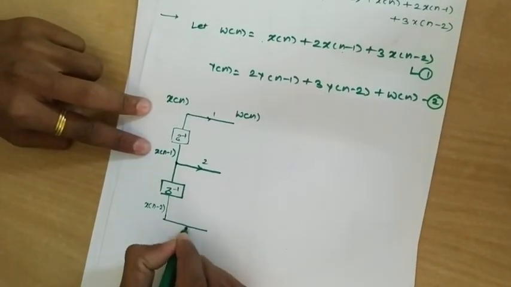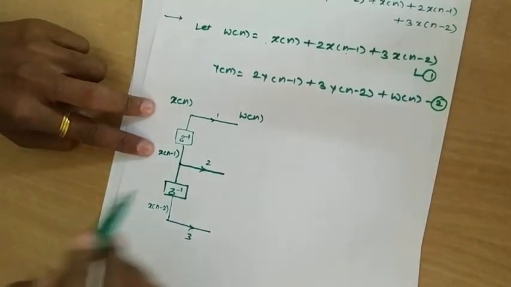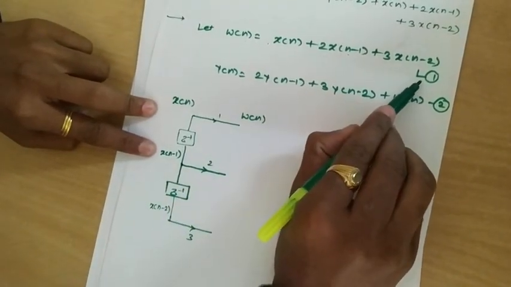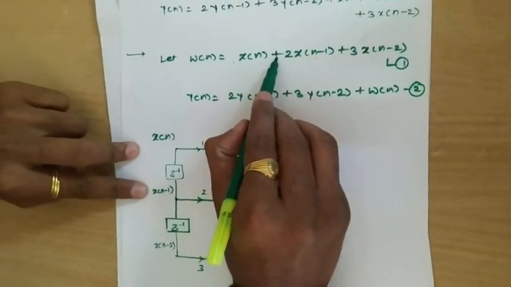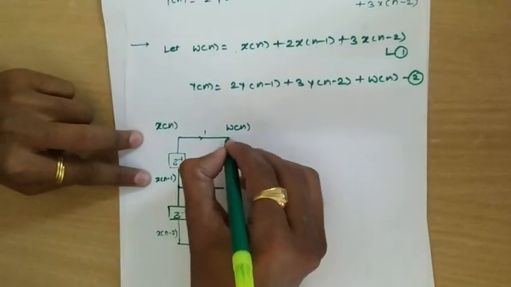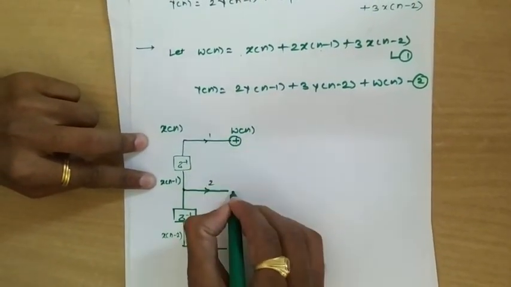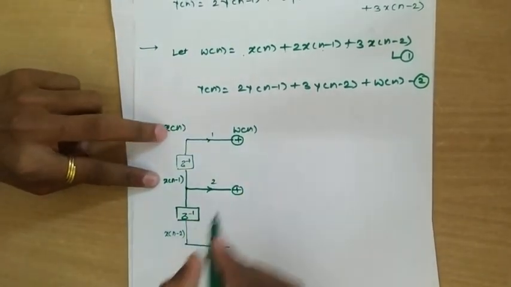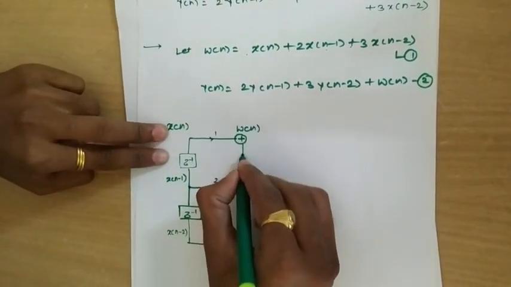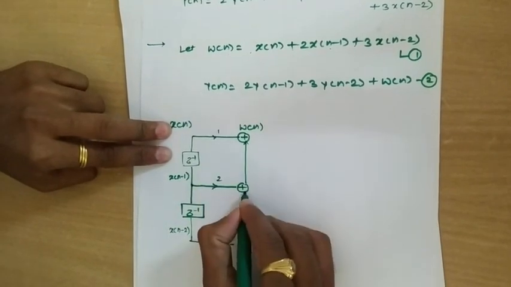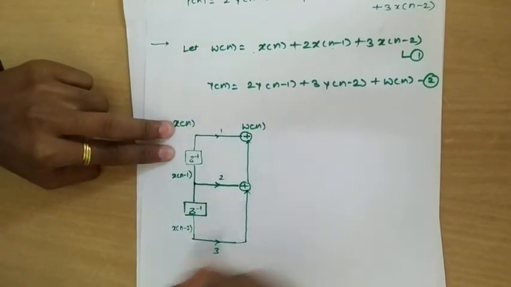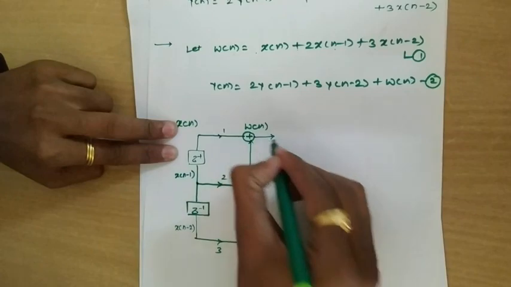So it is multiplied with 3. Now as far as this equation number 1 is considered, we need two adders. You can see this is the first and this is the second adder. So here we'll put those adder terms, first and second, and all these terms will add. So these are added, and here we'll get w of n.